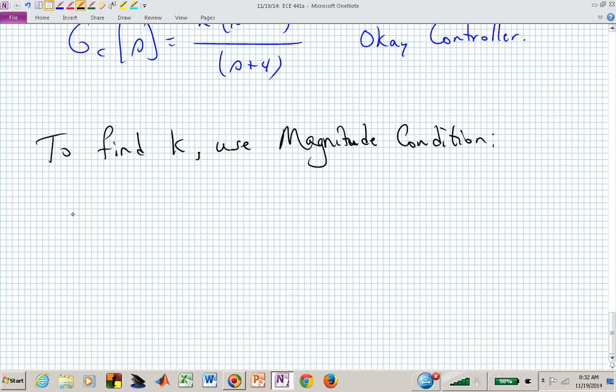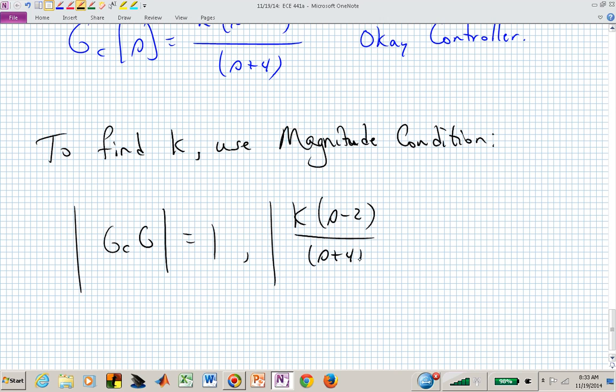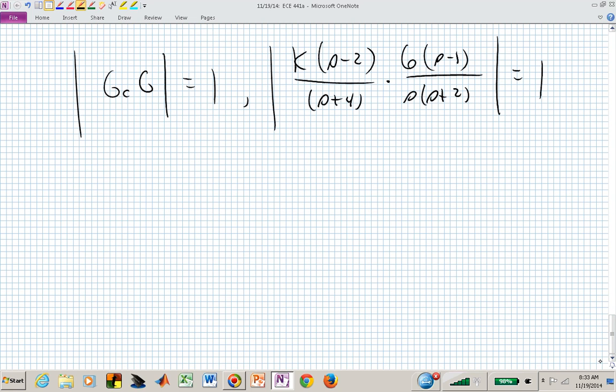So that now I have G sub C G equaling 1. Or for the numbers that we have, I have K, S minus 2 over S plus 4. That was my controller. My plant was 6, S minus 1 over S, S plus 2. And I need that to equal 1 to satisfy my magnitude condition.